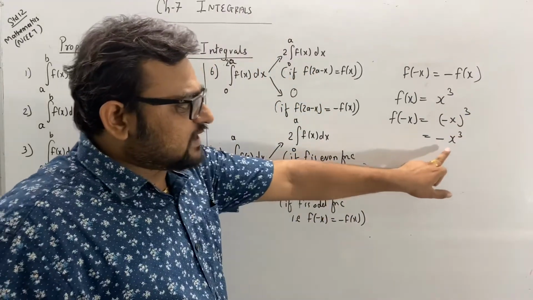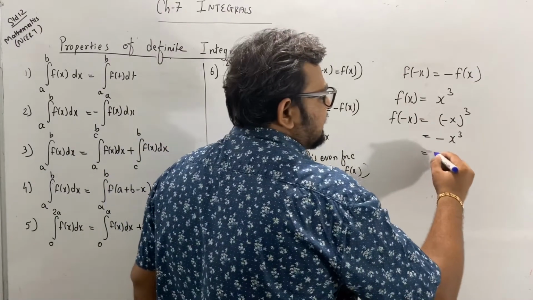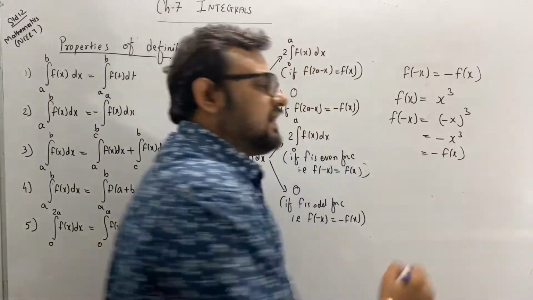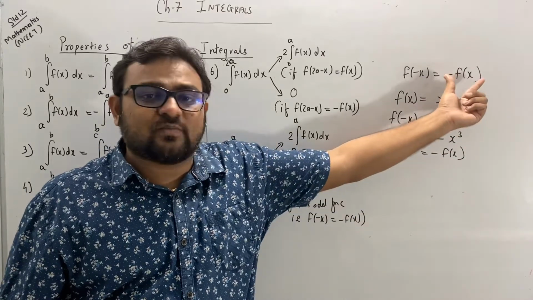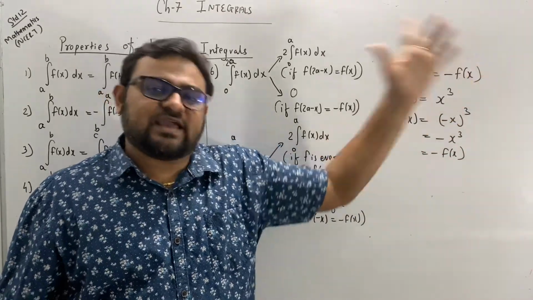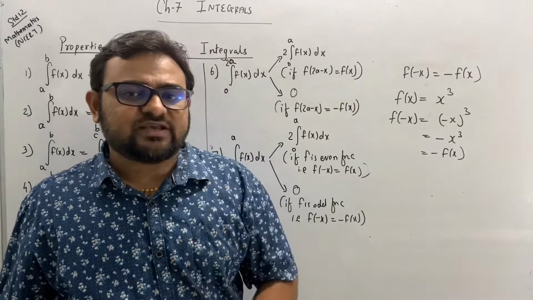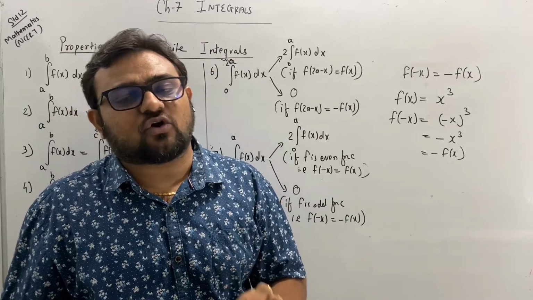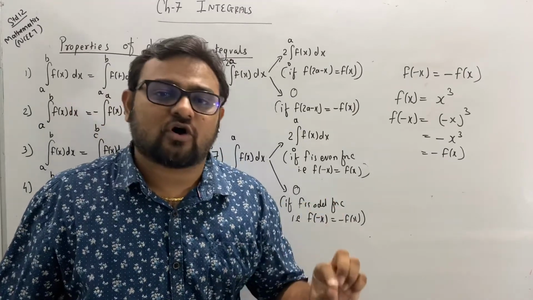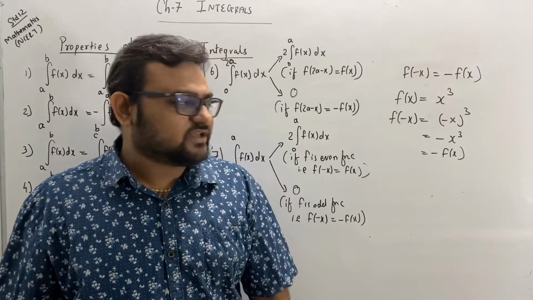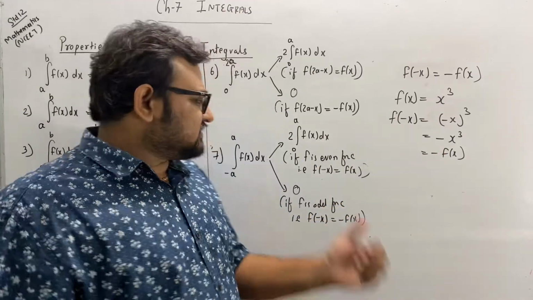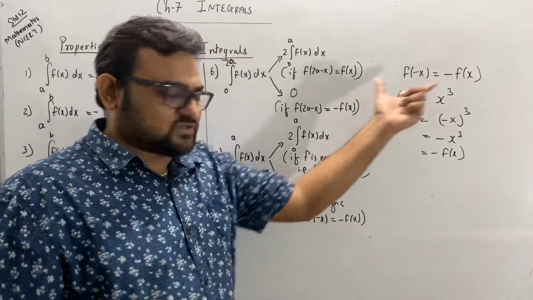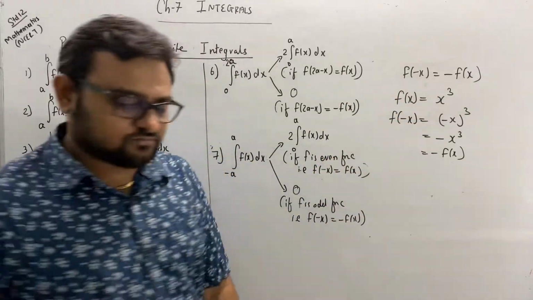Instead of minus x cube, I can write minus f of x. So f of minus x is equal to minus f of x, and these types of functions are called odd functions. Clear? Now let's try to integrate using these odd and even functions.